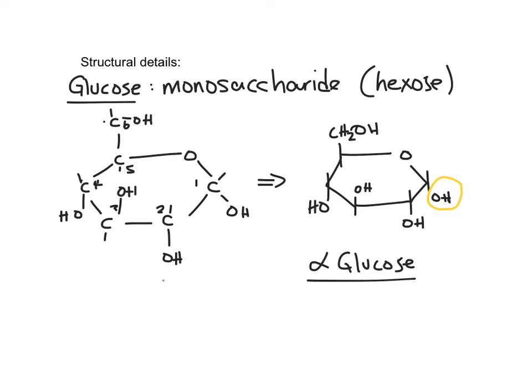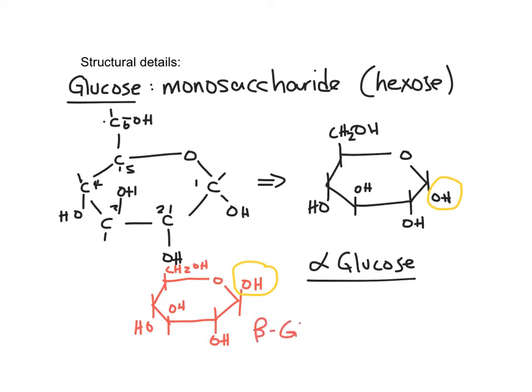So beta glucose has the same hexagonal shape and you will notice the only difference being the position of that OH group. Okay? And so this right here in red is the beta glucose. And this will be apparent shortly.